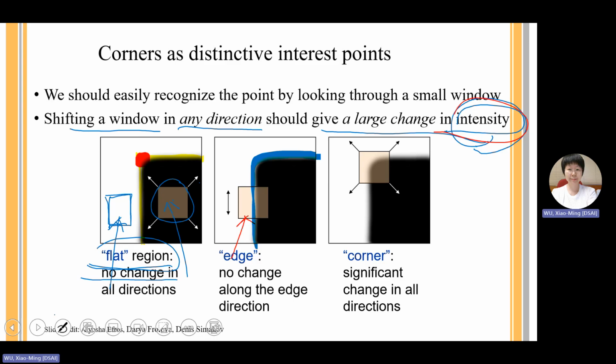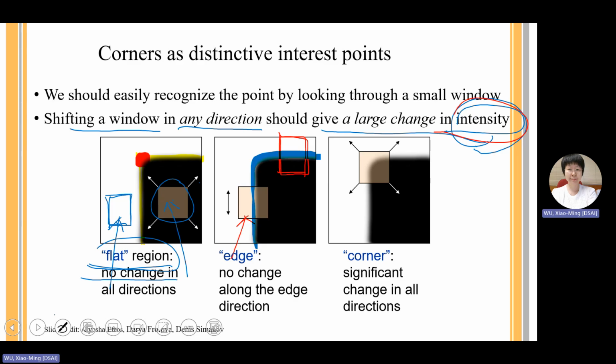There's no change. The image content within the window is also the same. And the same thing happens if we slide the window along the horizontal direction, horizontally. Nothing changes.